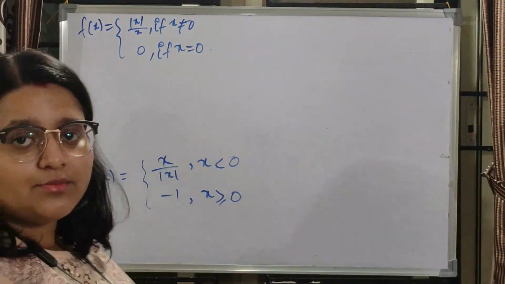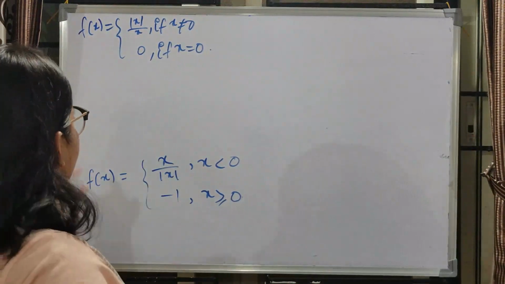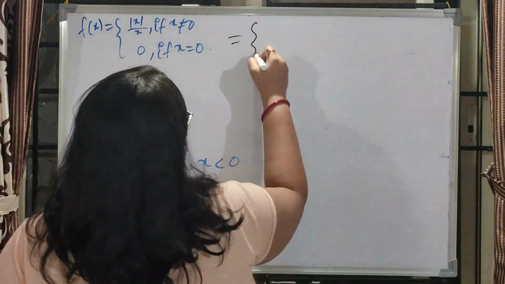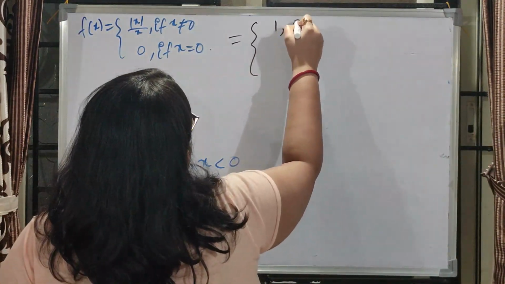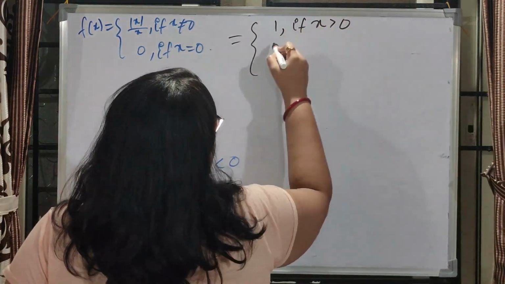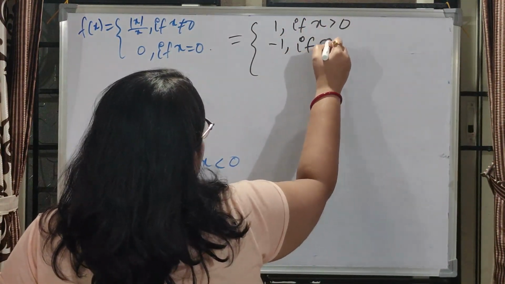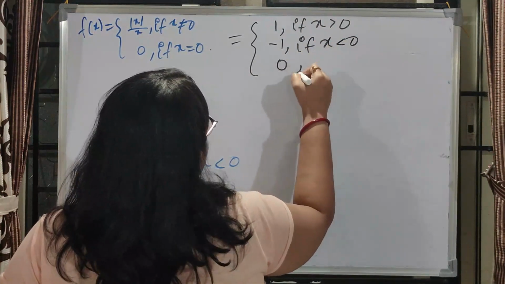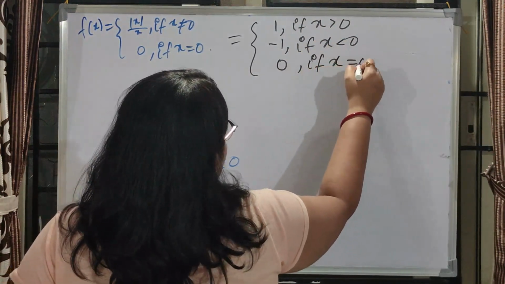Here also you need to find the point of discontinuity. So for this one, first we'll break this. It will become 1 if x is greater than 0, minus 1 if x is less than 0, and 0 if x is equal to 0.